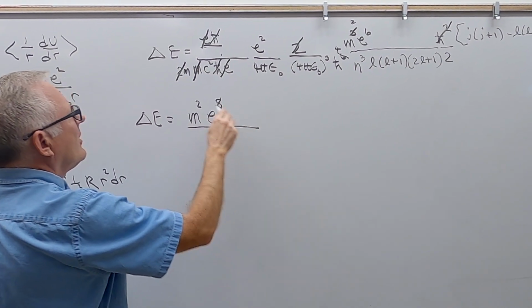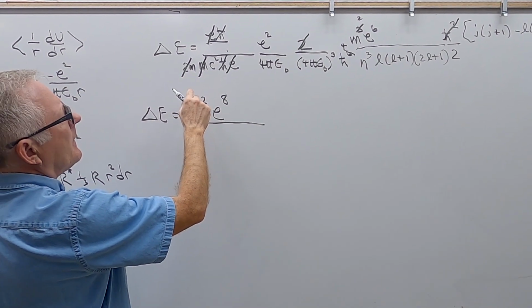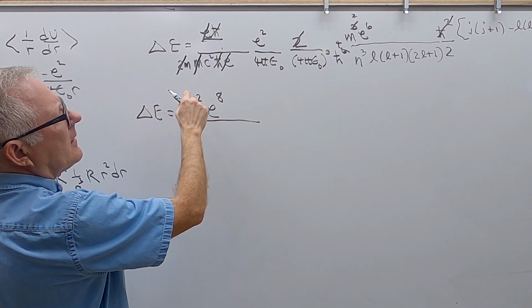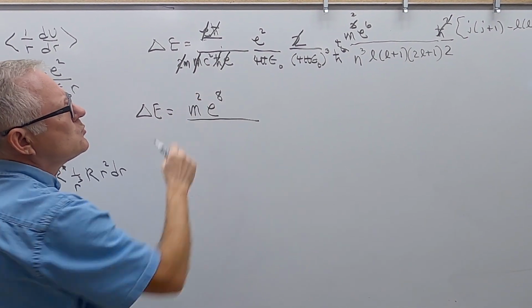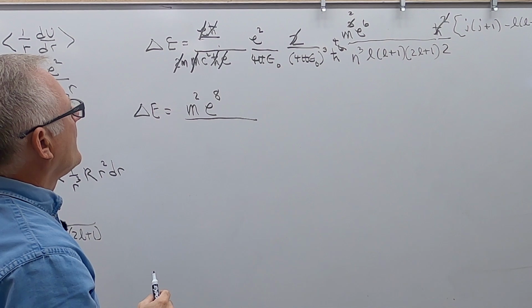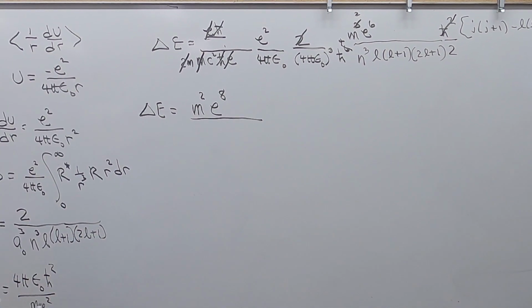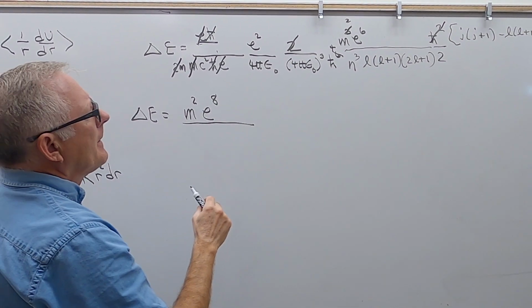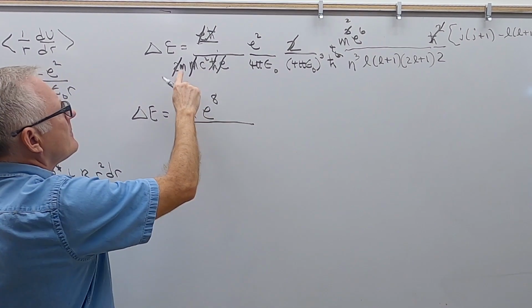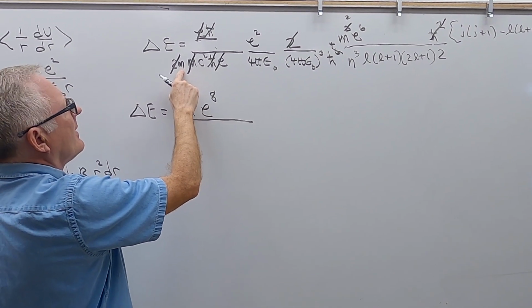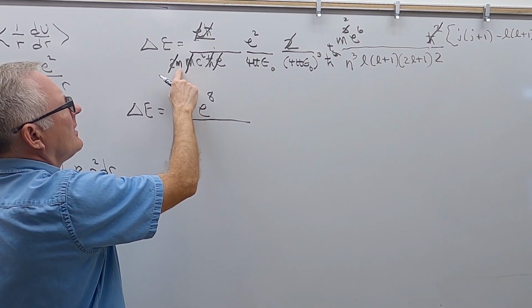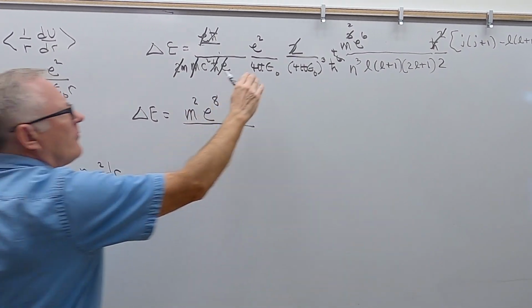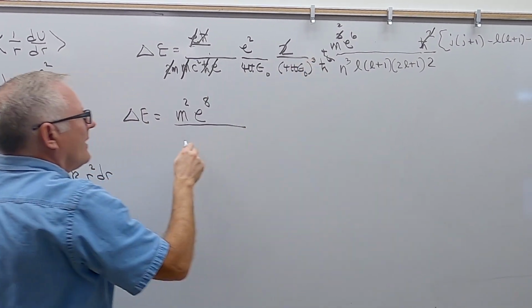And down below we have a 4 pi epsilon naught to the 4th.